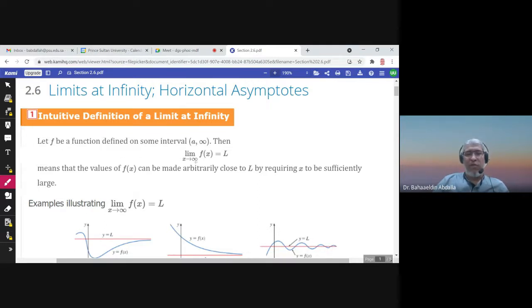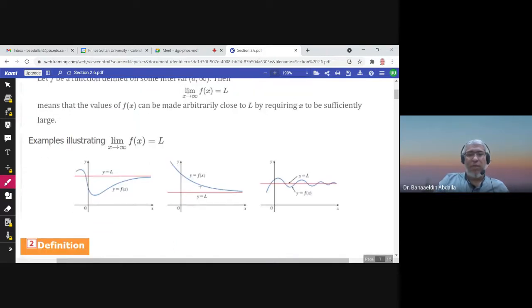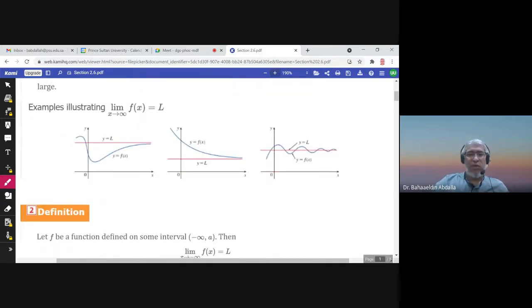The definition: when we say the limit of f of x as x approaches infinity equals L, we mean that when x becomes very large, f of x approaches L, comes close to L, okay? For example, look at these three curves. This is the graph of f of x.